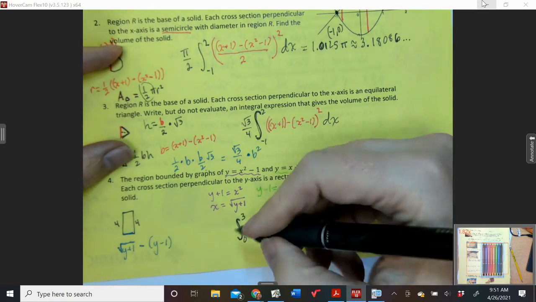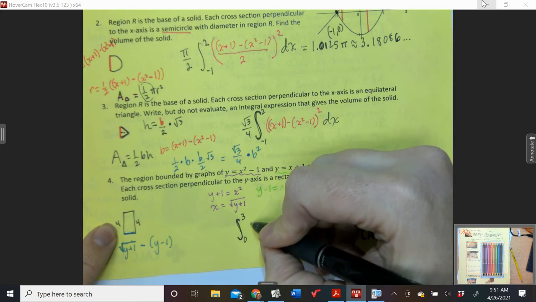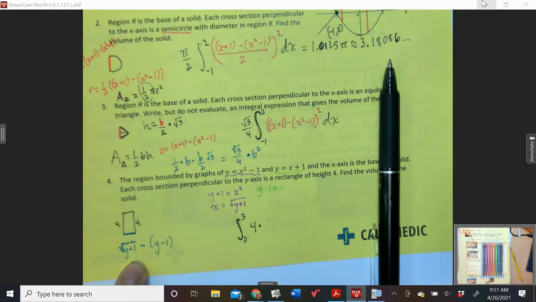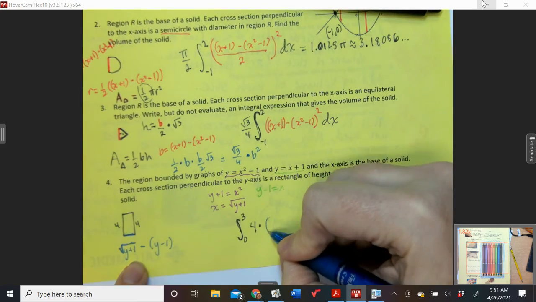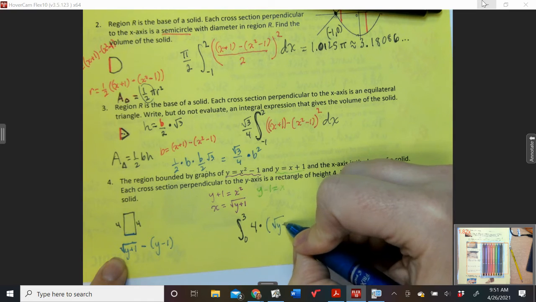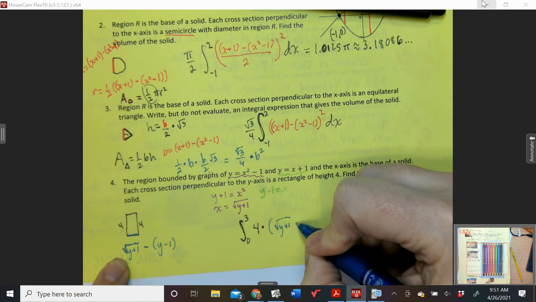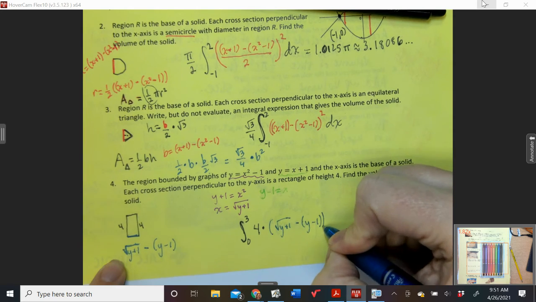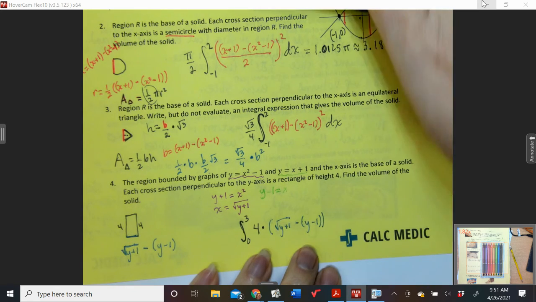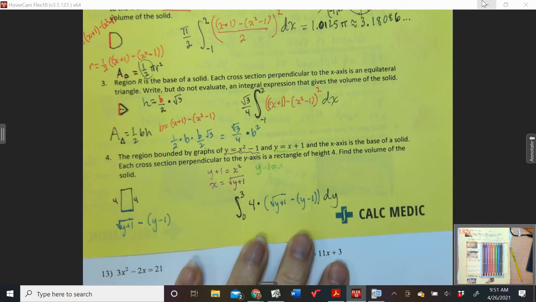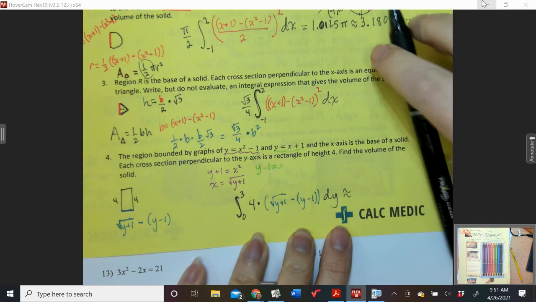The area is going to be 4 times the length times width: square root y plus 1 minus y minus 1, dy, excuse me. There you go. Let the calculator grind on that one for a while.